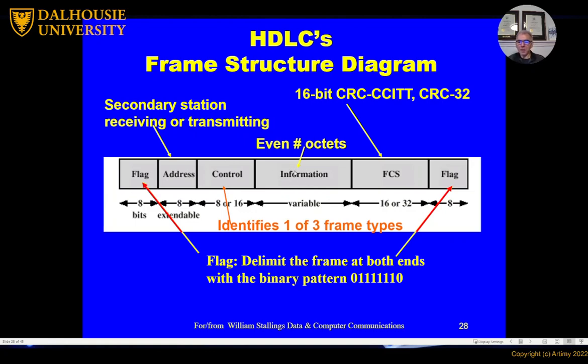If any byte within the information contains 0610, we also confuse the receiver, because as soon as it sees 0610, it thinks this is the end of the frame. So we need to make sure that within these two flags, there is nowhere in the bits we see 0610, which means we have to somehow modify the content inside the frame to eliminate any chance of having the 0610 pattern in it.